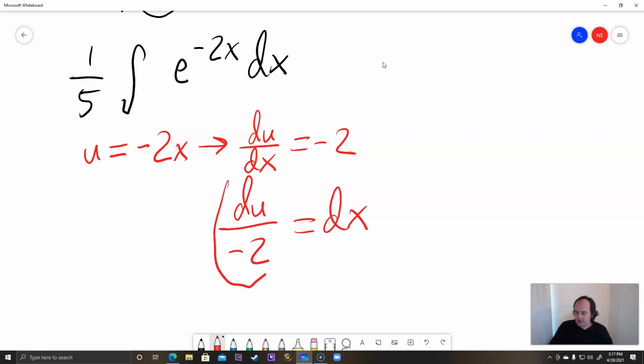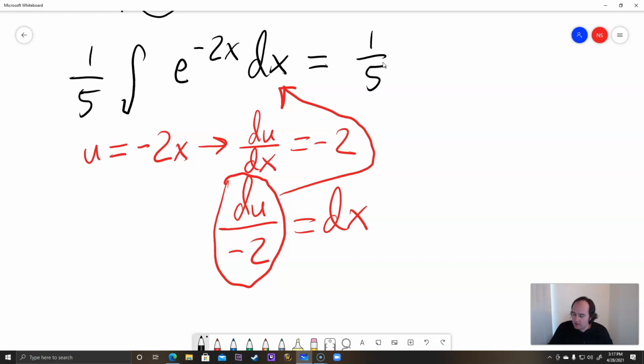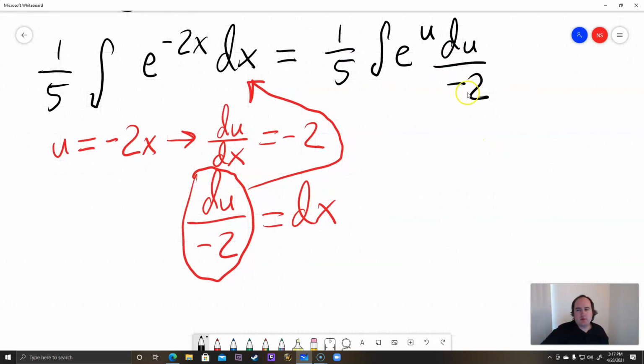Okay, so we can go ahead and plug in du over negative 2 in for dx. Okay, so we have 1/5 times the integral of e to the u times du over negative 2. Alright, and then from there we can factor out the negative 1/2.